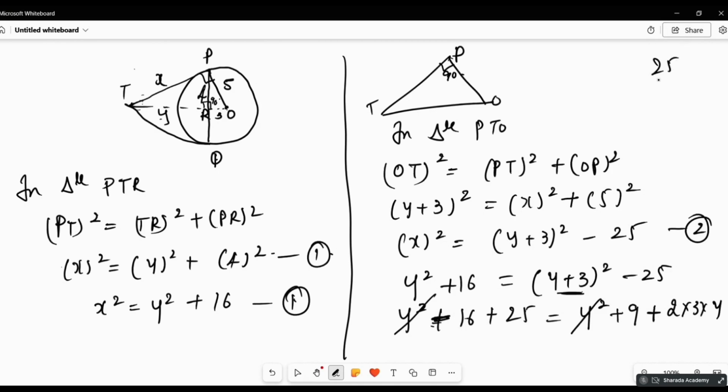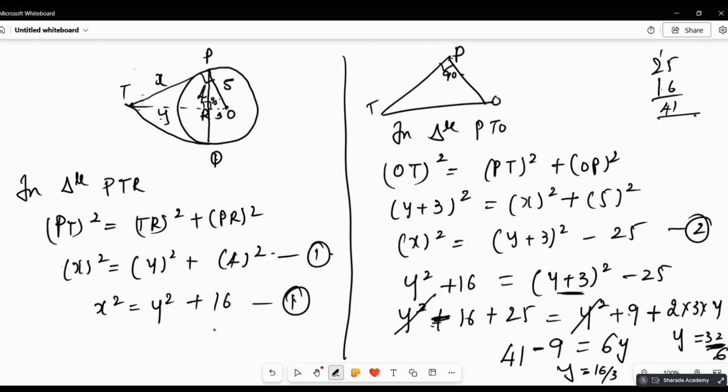So 25 plus 16 is 41. 9 you can shift here, minus 9, is equal to 6Y. So 32 by 6, that is Y is equal to 16 by 3.